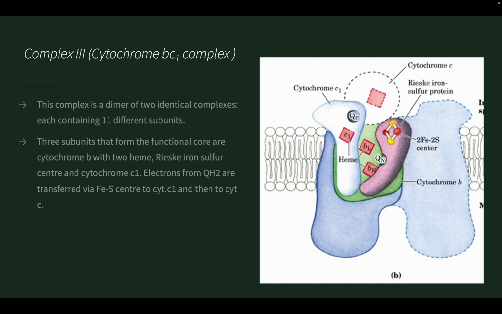The major core is cytochrome B, which contains the ferric iron cluster, ferrous iron cluster, and then cytochrome C. The electrons from the quinol, from where complex 1 and complex 2 passed, all get transferred via the iron cluster to cytochrome C. During this process, four protons are pumped across the mitochondrial membrane.